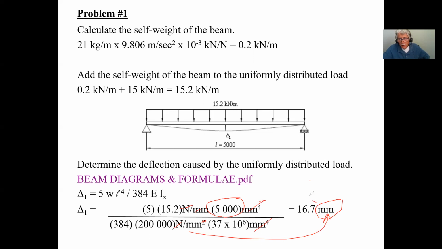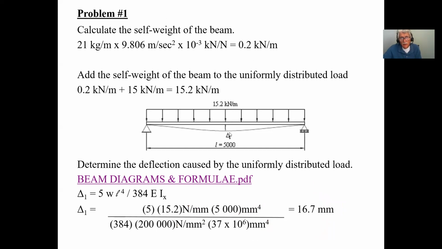And guys, when you're doing something in metric, one decimal place is ample. In other words, 16.7 or 17 millimeters is exactly the same value. I don't think you have to worry about 0.3 millimeters in your calculations. Nobody's going to actually see that. So anything to one decimal place, and if you're doing it in imperial, don't go over two decimal places in inches. That's accurate enough for deflections.